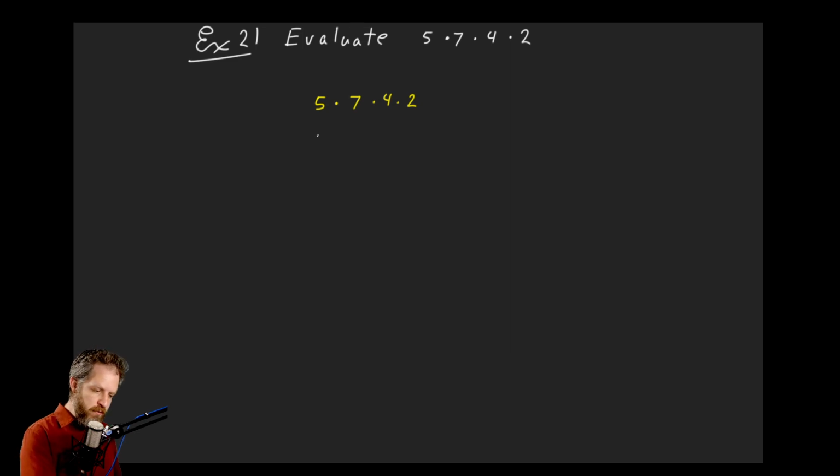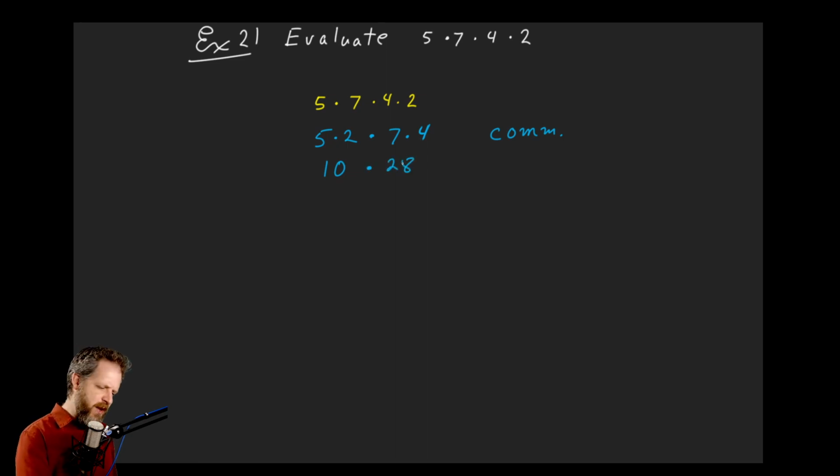If you move stuff to 5 times 2 times 7 times 4, that's commuting, so the commutative. I'm going to abbreviate that COM. Okay. So now 5 times 2 is 10. 7 times 4 is 28.